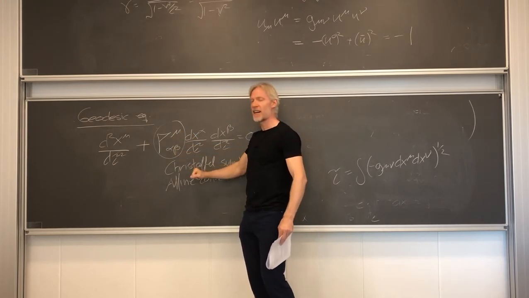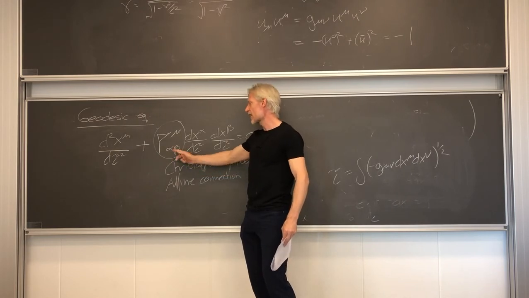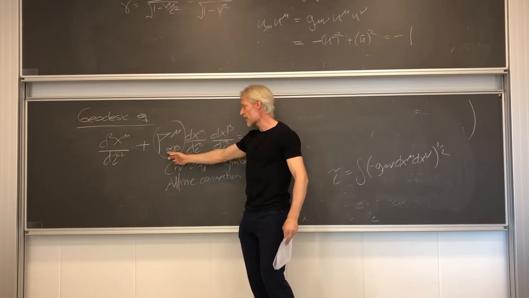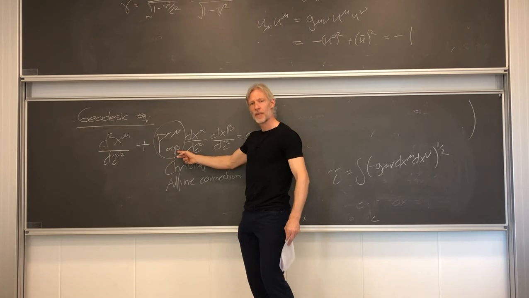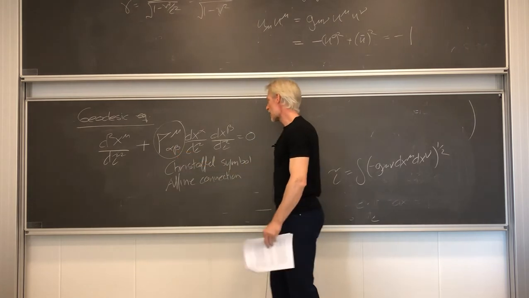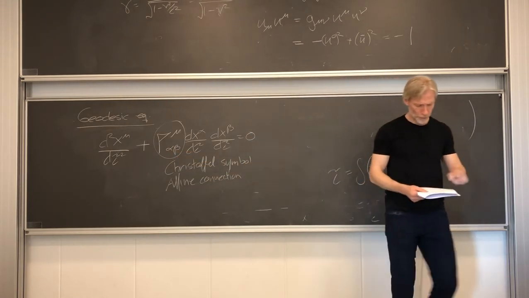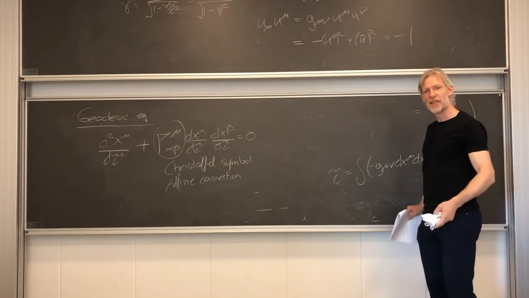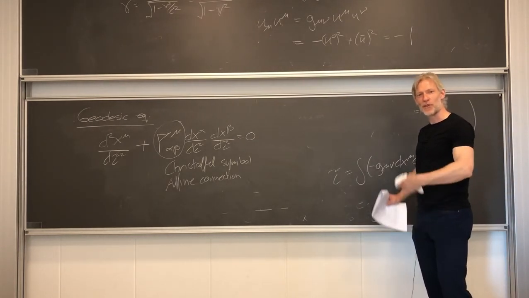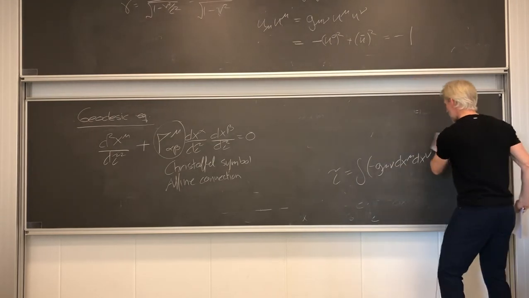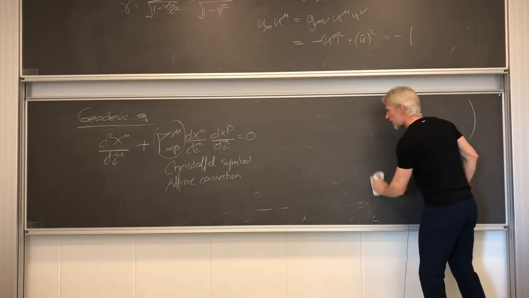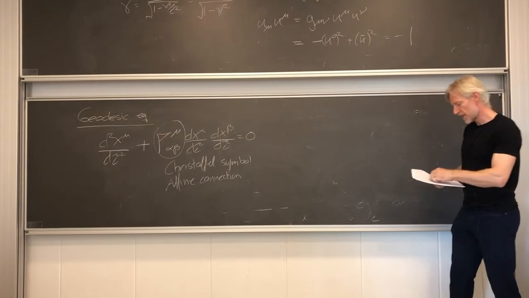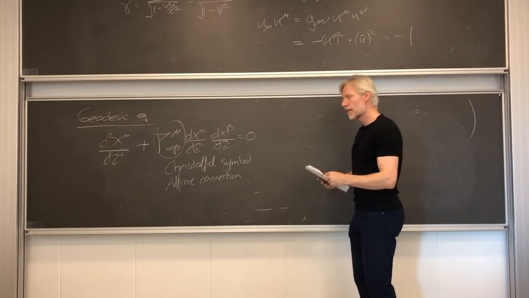Many of them are identical because it's symmetric under some operations, for example, interchange of alpha and beta, and a few other things too. It must contain coordinate derivatives of the metric, because that's what you get from the variational principle. So we know already that it must in some way contain that.